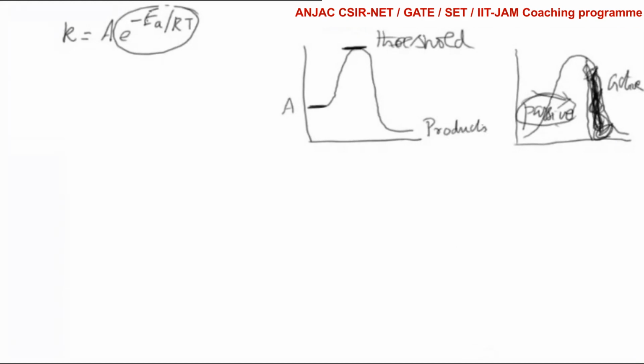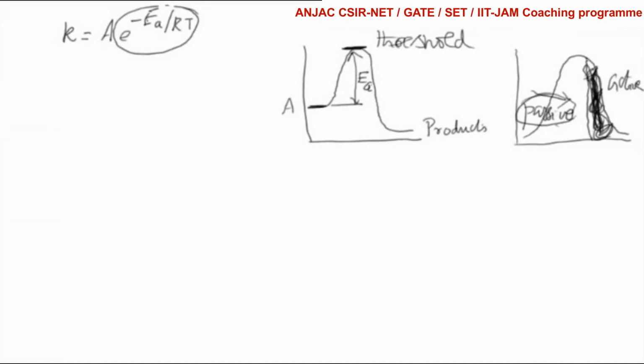We call the energy difference between the average energy and the threshold energy the energy needed for a passive molecule to go to the active state. Therefore, it is called activation energy, and it is given as Ea, activation energy.